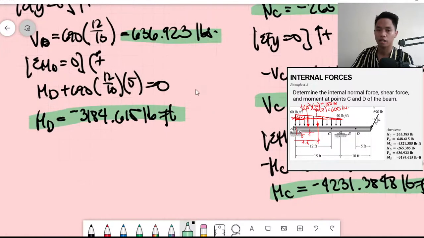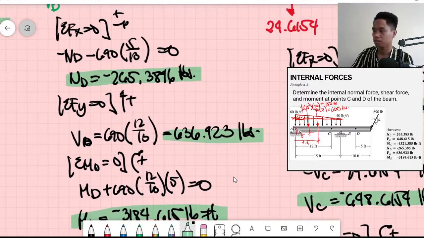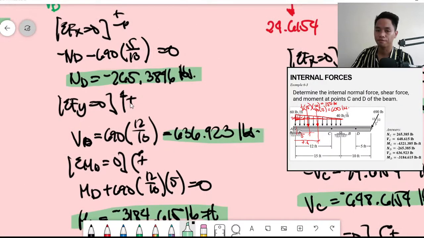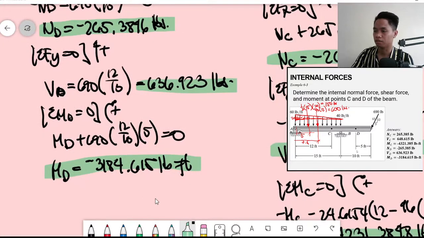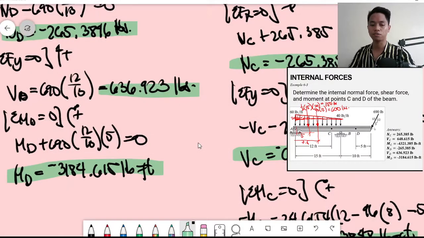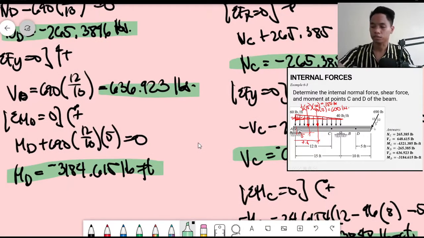Then our normal at D is negative 265, the shear at D is 636, and the moment at D is negative 3184.615. So therefore our answer is correct.